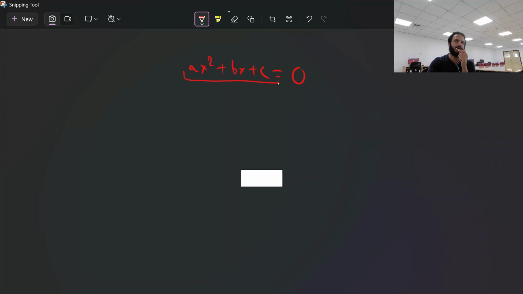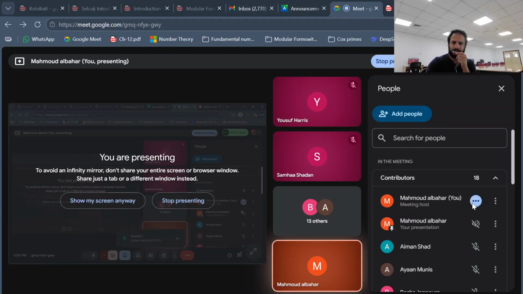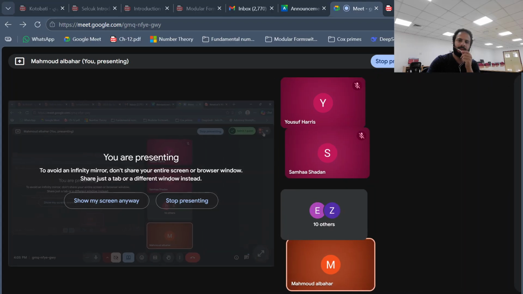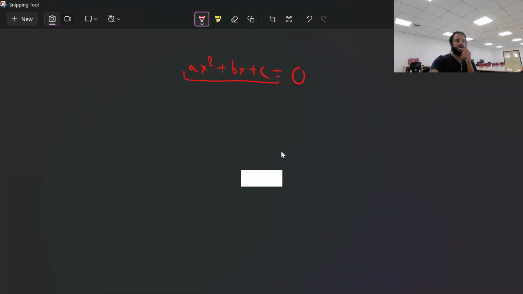Yes, the quadratic formula. So the quadratic formula is x equals minus b plus or minus square root of b squared minus 4ac over 2a, right? So we have a formula.